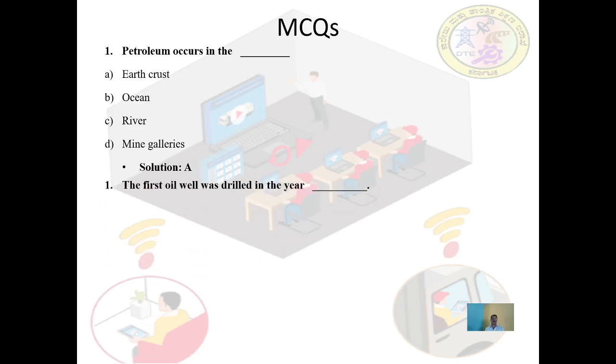Second one, the first oil well was drilled in the year dash. Options are A. 1849, B. 1859, C. 1869, and D. 1879. The correct answer is option B, 1859.